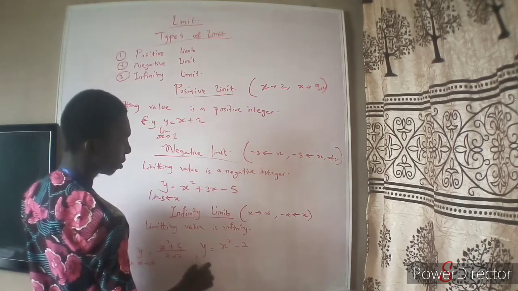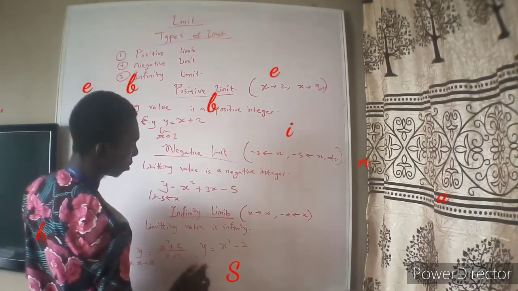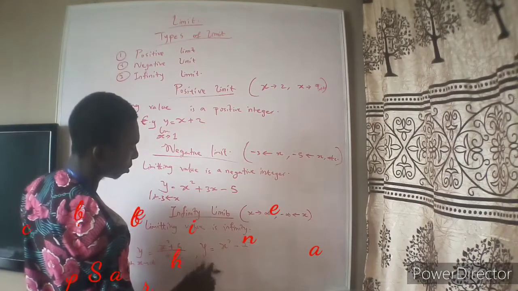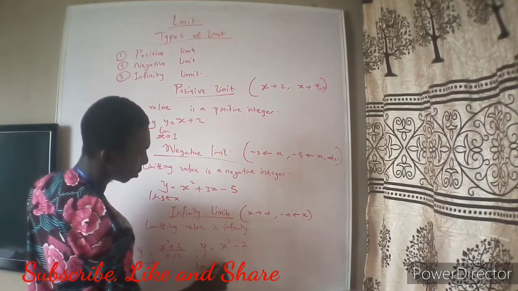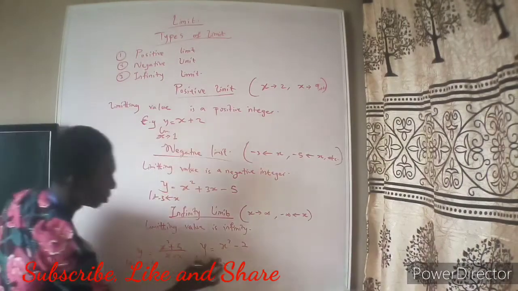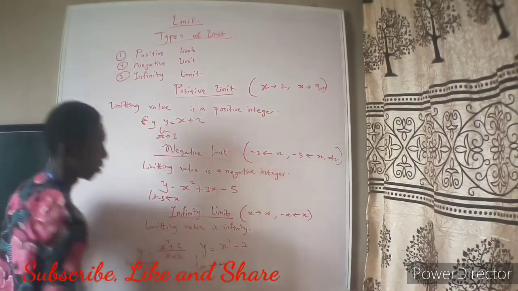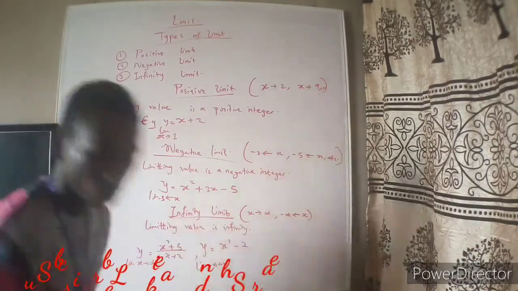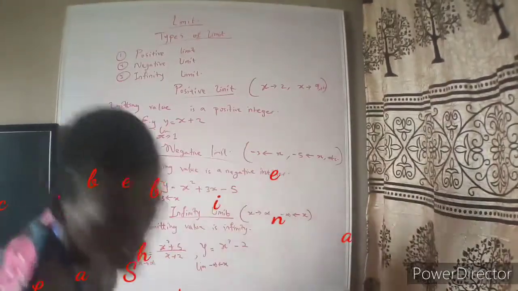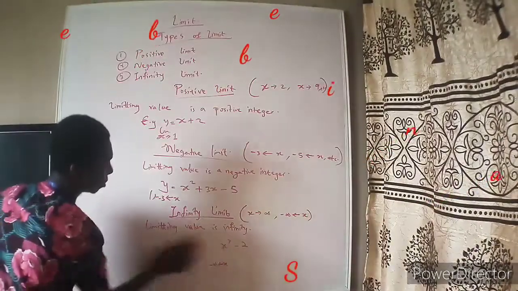Then I say limit x to be negative infinity. So that's just the way it is. So that's just about the types of limit.